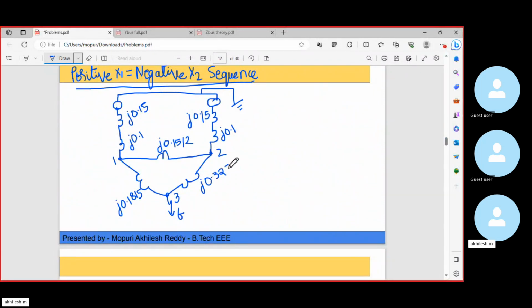Now find the corresponding star values. First take the sum of all three. These two are in series, and similarly these two are also in series.